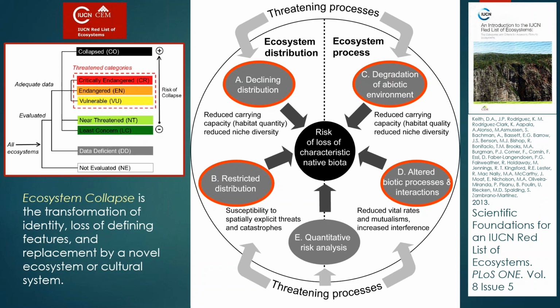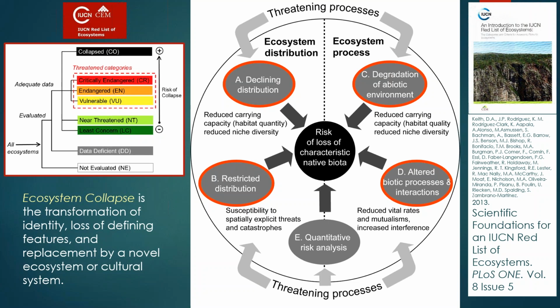Under ecosystem processes, there's degradation of the abiotic environment or driving processes, as well as altered biotic processes and interactions. So these are all component analyses that we're going to work our way through as much as possible to assess the status and the risk status of an ecosystem type.